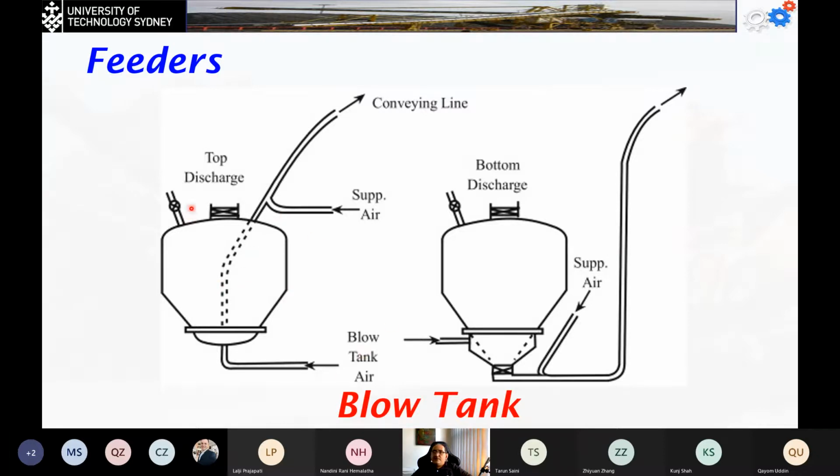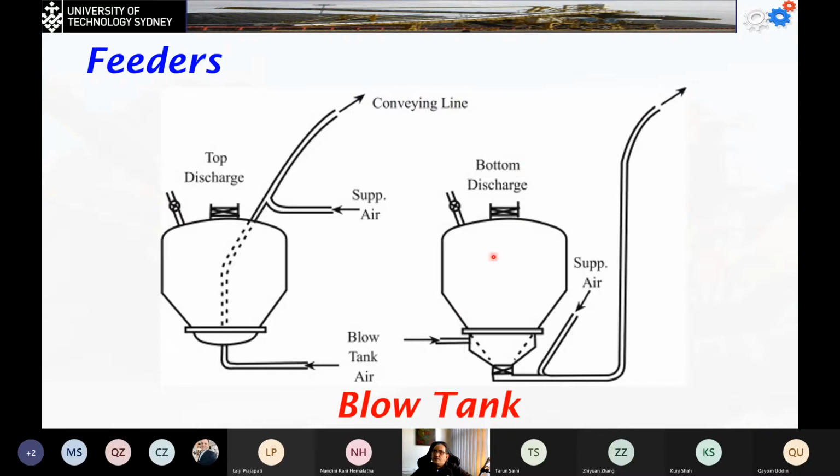We can have either the top discharge or the bottom discharge. This will be the first one, the top discharge. We're filling the material from the top, and then we blow in the air, pressurize the whole tank, and the material will start to flow up through the conveying line.